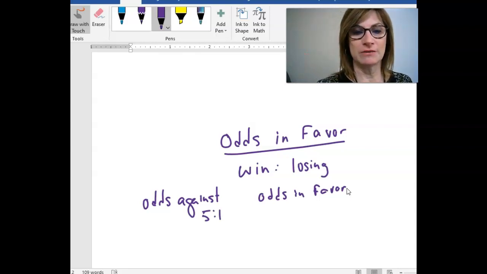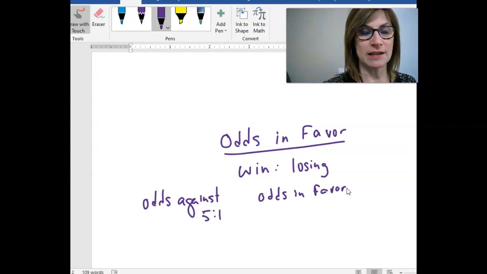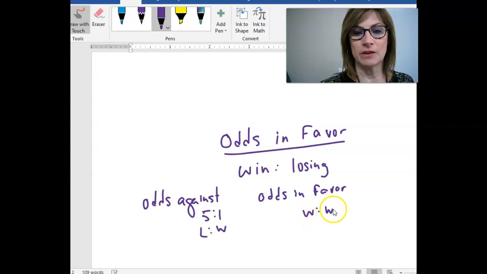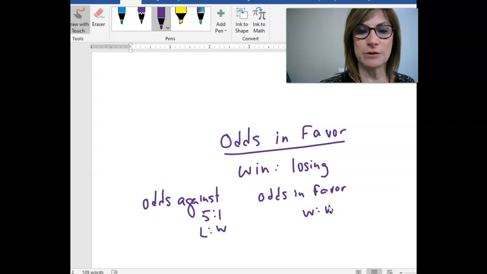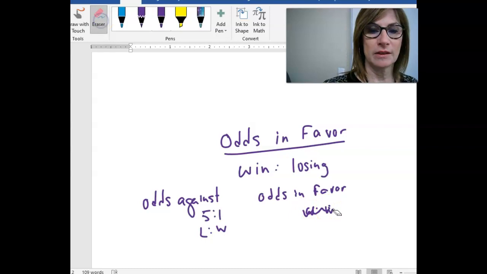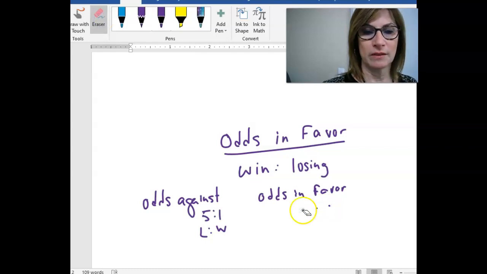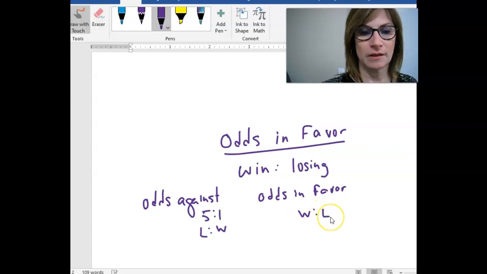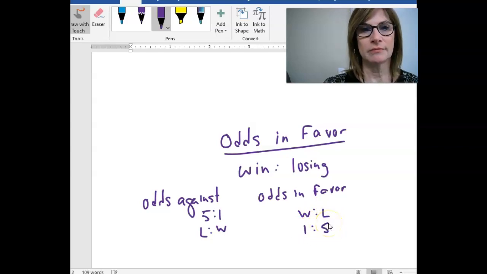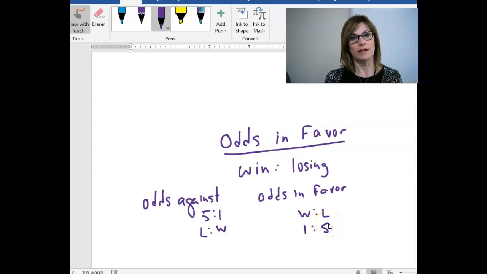Since odds against are losing to winning, and odds in favor are winning to losing, then we would just write it as 1/5.